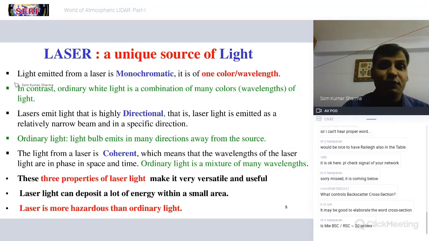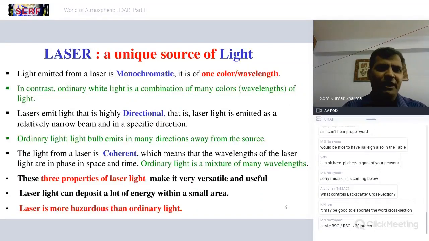And a few things, if you see, the light emitted from a laser is monochromatic. I will explain in detail what monochromaticity is. Monochromatic means monochrome. Mono means single, chrome means color. Single color means one wavelength. So it is one color, or you can say a single wavelength.